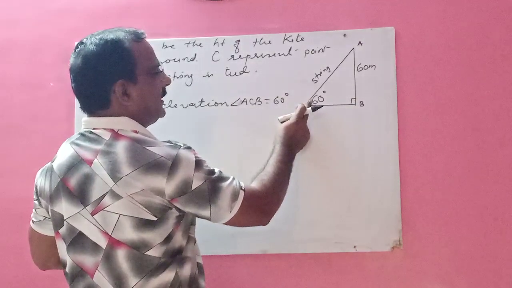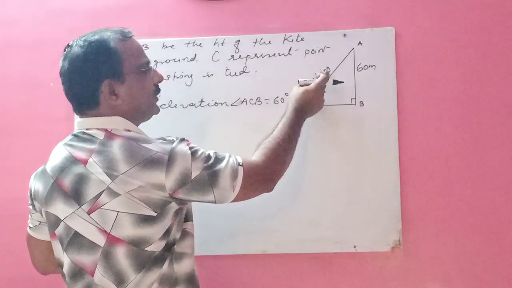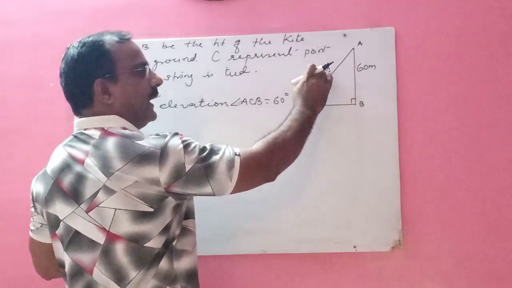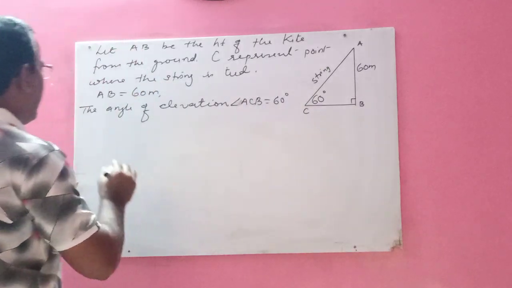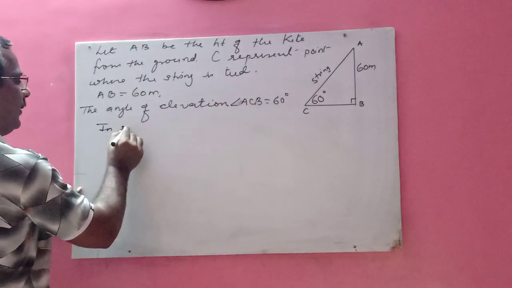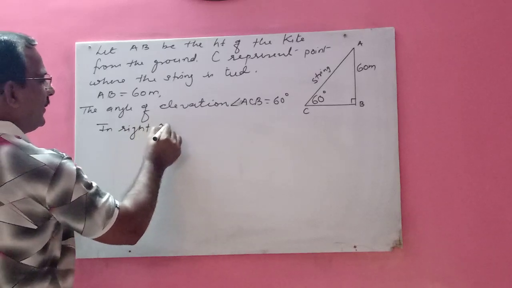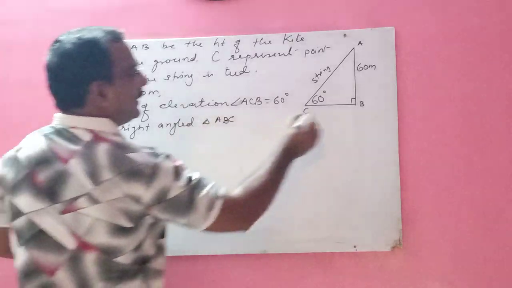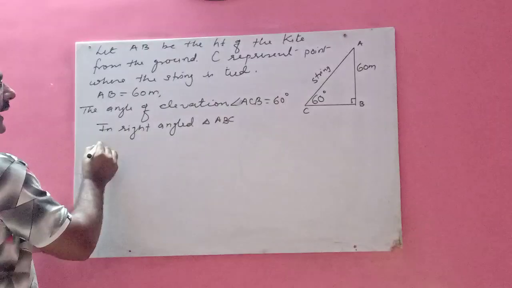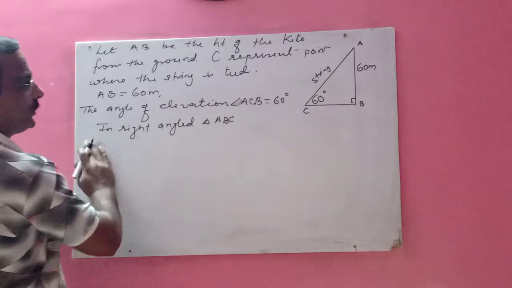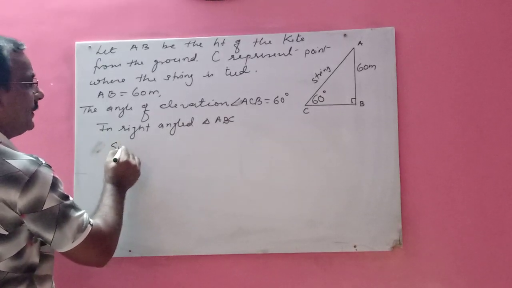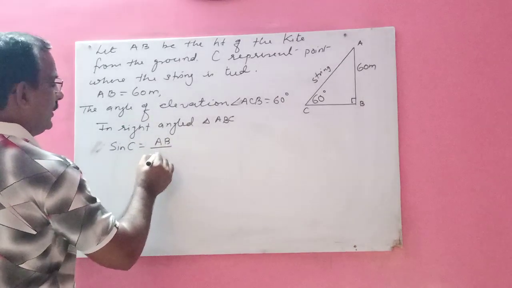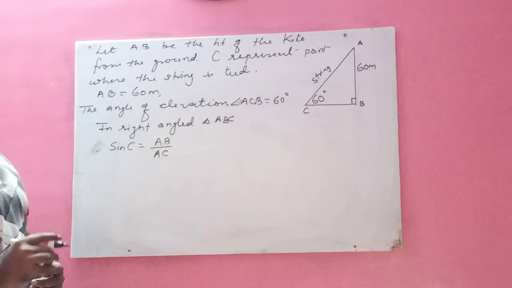See children, we have this angle and its opposite side is given and we want to calculate this. So see the relation between these two. Opposite upon hypotenuse means sine. So we should apply here in right angle triangle. In right angle triangle ABC, sine C is equal to opposite side upon hypotenuse, AB upon AC.